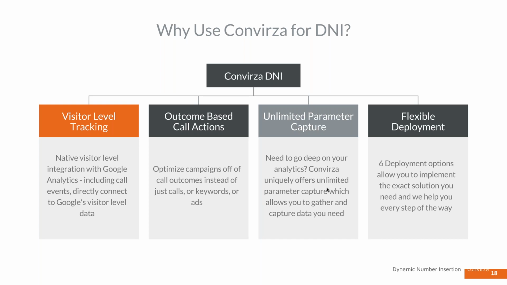And so what we found is if you're looking at different DNI providers and implementing DNI, make sure you've got flexibility in that deployment so that you can match what you're currently doing. And as those change, especially if you're an agency, as you get different clients, each one may require a little different deployment.